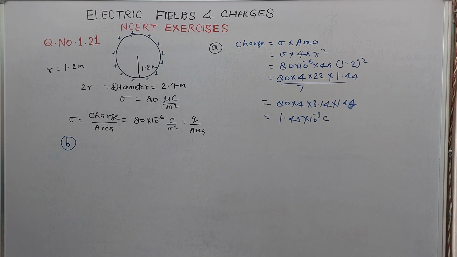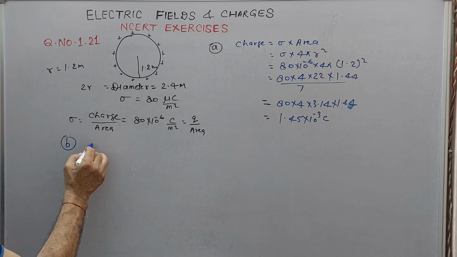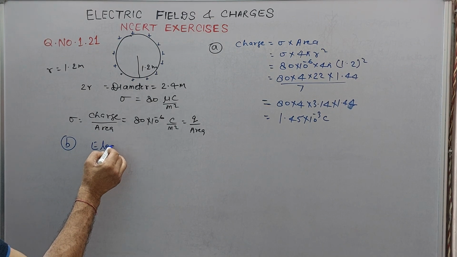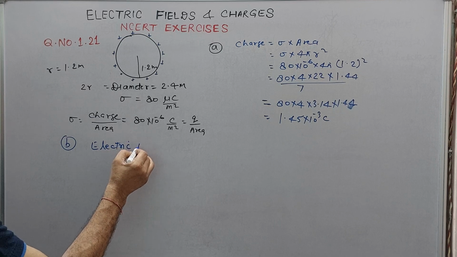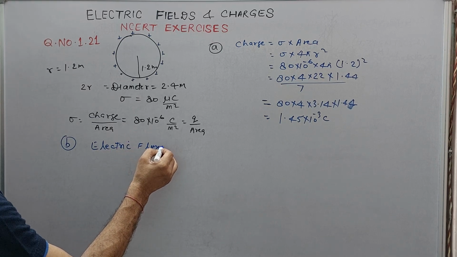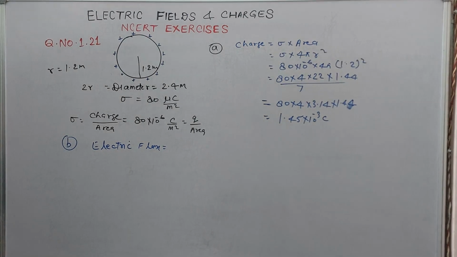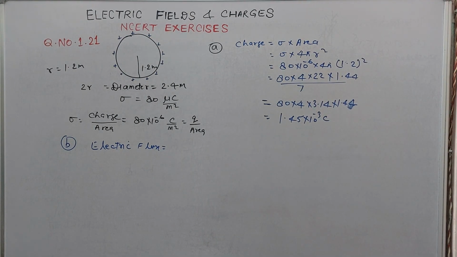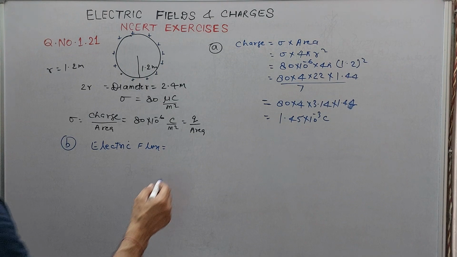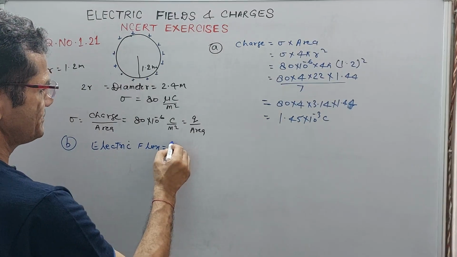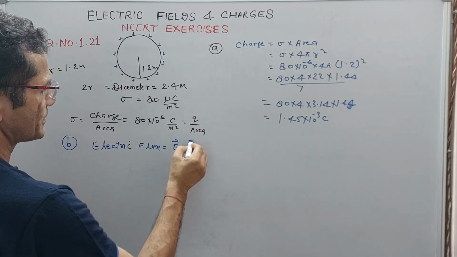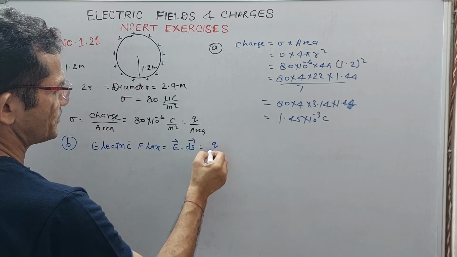Electric flux. Now the electric flux is equal to, either we use E dot ds, and we will also use Q upon epsilon naught.